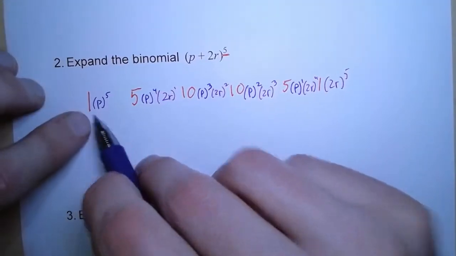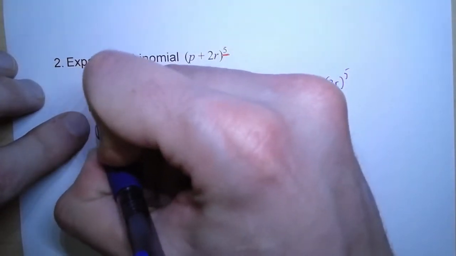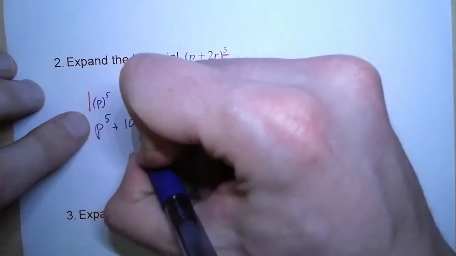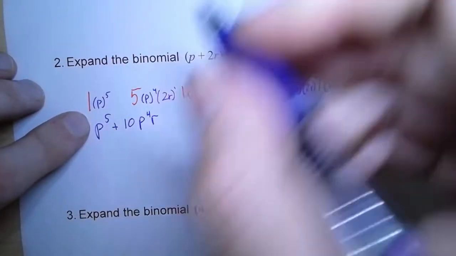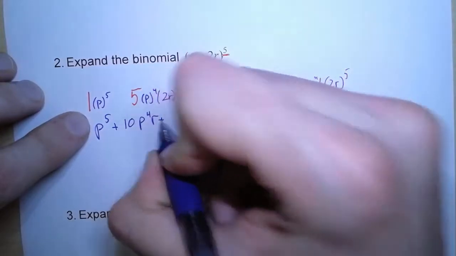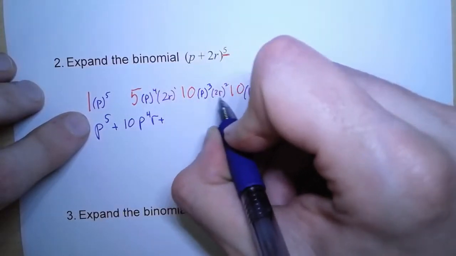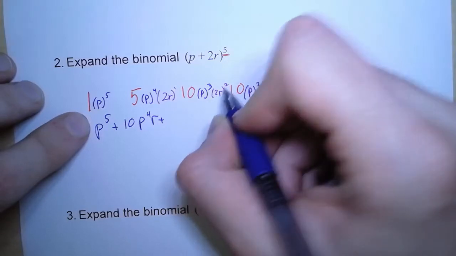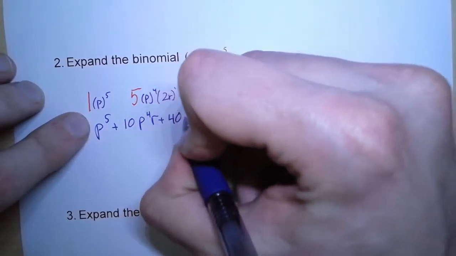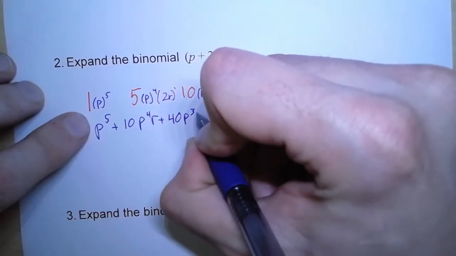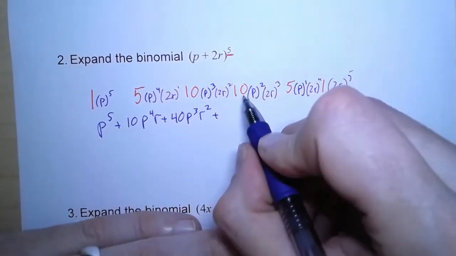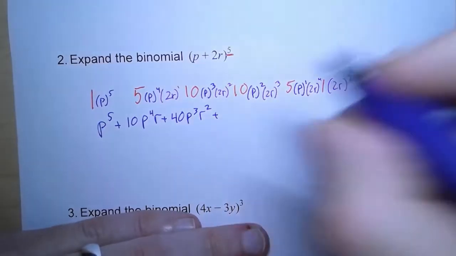So now we have p to the fifth plus. Now we have 5 times 2. That's going to give us 10 p to the fourth r. Then we have 10 p cubed. Now 2r is being squared, so that means the 2 is squared and the r is squared. So this is 40p cubed r squared. For our next term, we have 10 times p squared times 2 cubed.